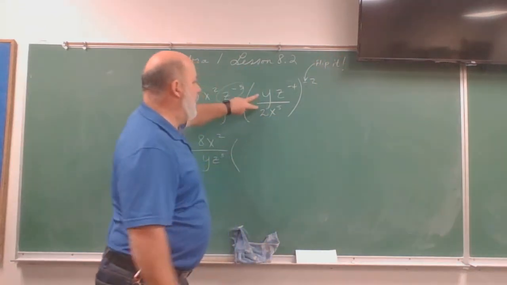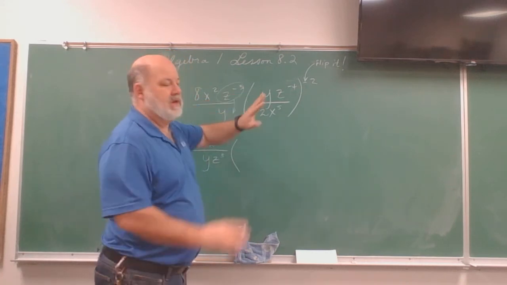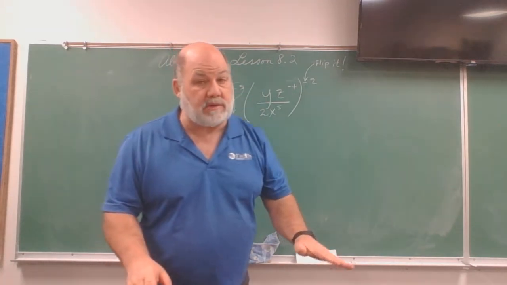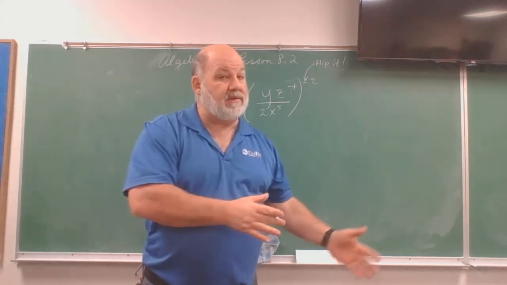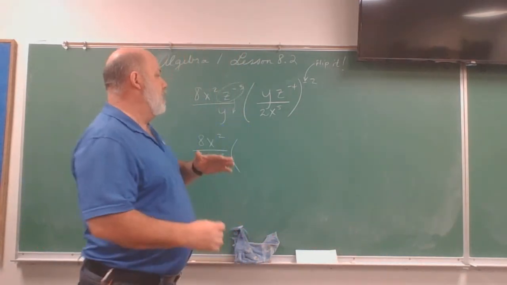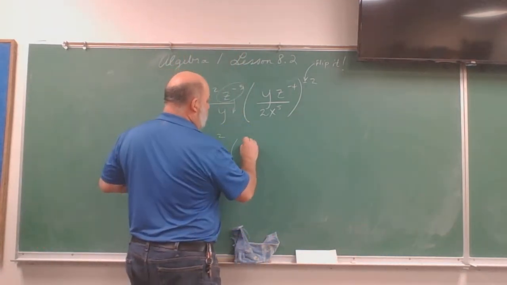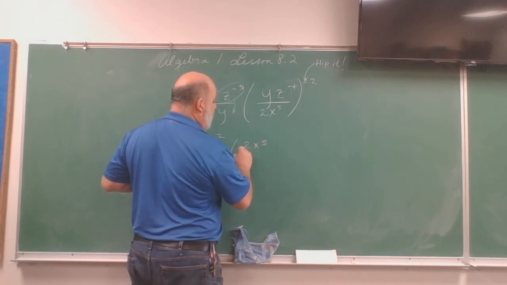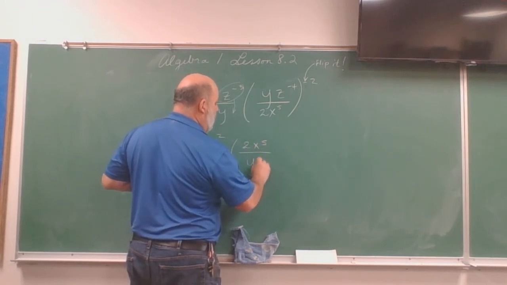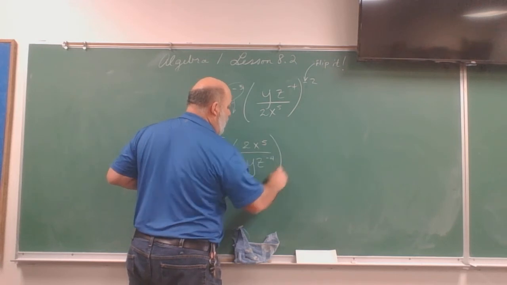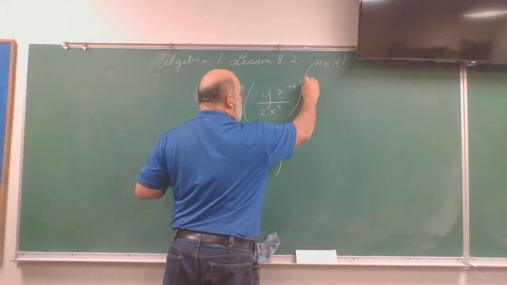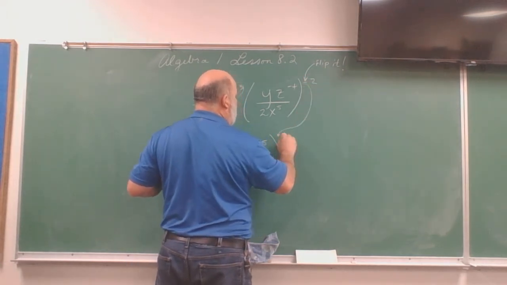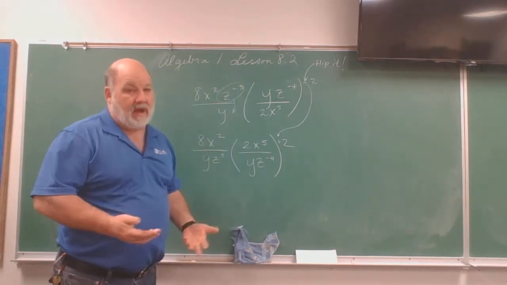That means flip everything inside the parentheses. I'm not changing any powers. I'm not changing anything from positive to negative yet. I'm just flipping the whole thing. So this is now going to be 2x to the 5th on top, y z to the negative 4 on bottom. And that negative, because I flipped it, has now become a positive power.